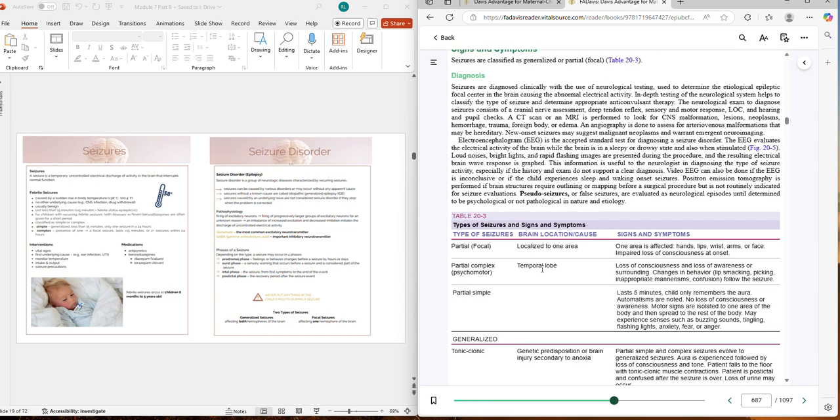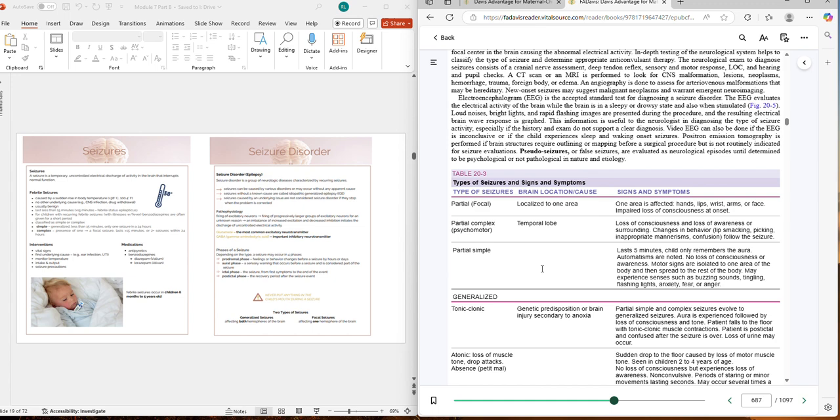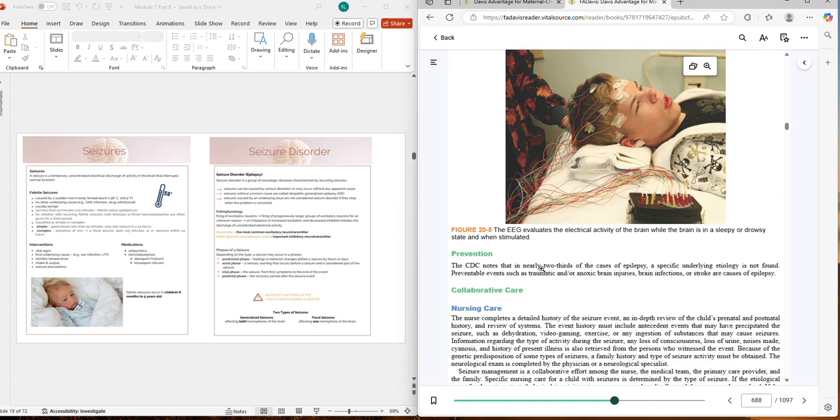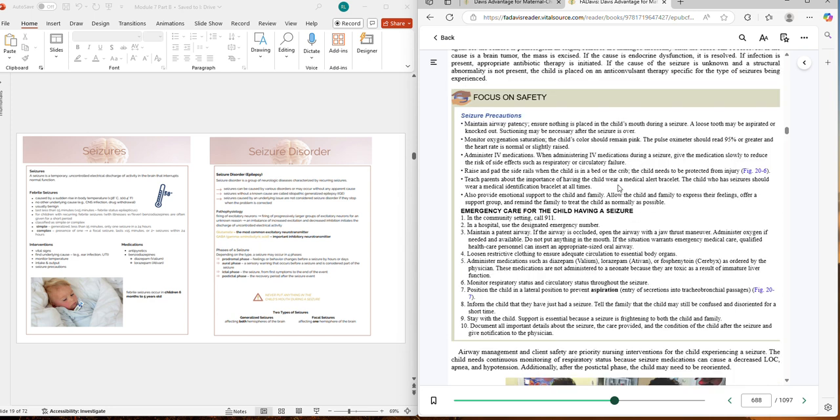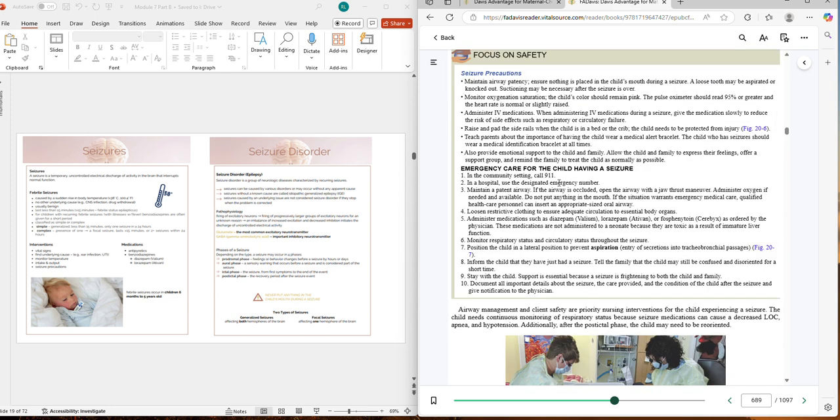Okay. On page 689, it's a focus on safety mechanism. This is just the EEG on a child. But the focus on safety, important. Make sure you read through this and understand some winks and lollipops here. So the biggest thing to do, right, is to maintain the patent airway. We have to maintain an airway.